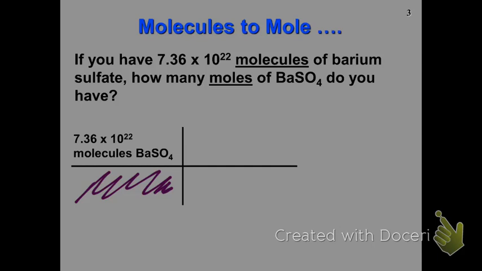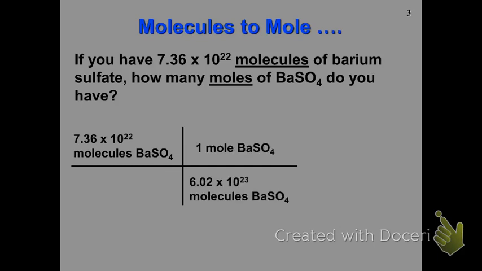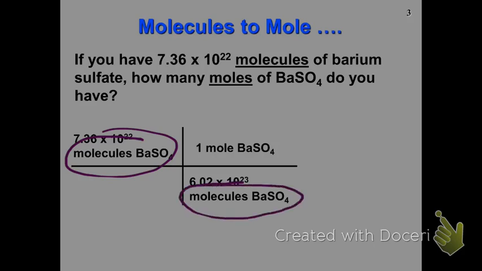And now we have to find out what the relationship is between moles and molecules, and of course that is Avogadro's number. So what I've done here is I know that I need to get rid of molecules of BaSO4, and I accomplished that by putting molecules of BaSO4 down there.